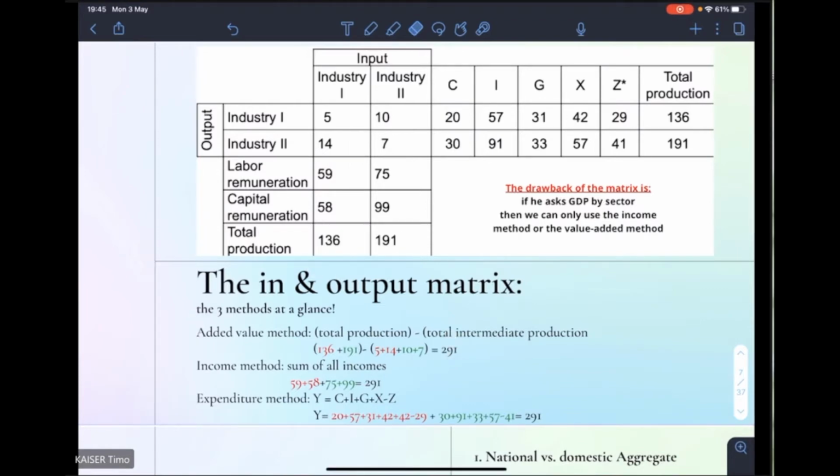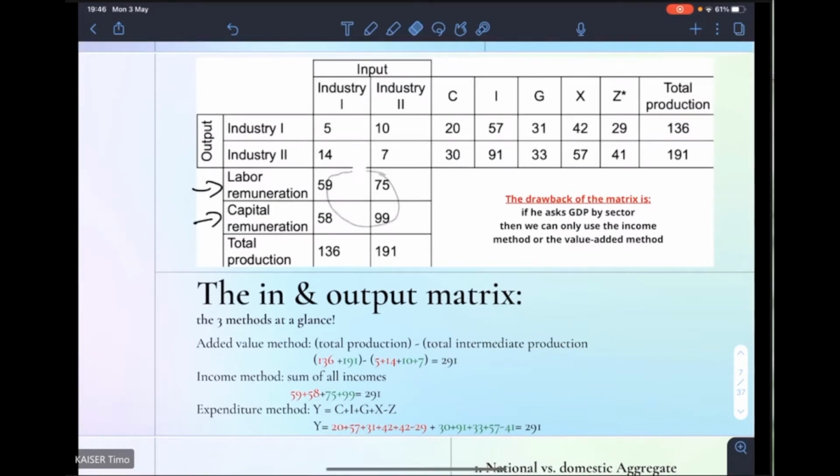Then let's go to the income method. Income method, I told you, we sum up all the incomes from the economy. The incomes, where do we see them? Yeah, right here. This will be labor remuneration and capital remuneration. And we just sum up all these four numbers in order to get GDP with the income method. Quite simple, straight to the point.